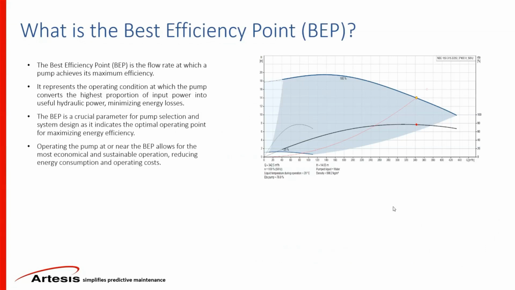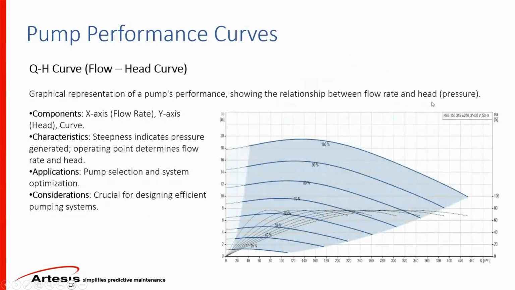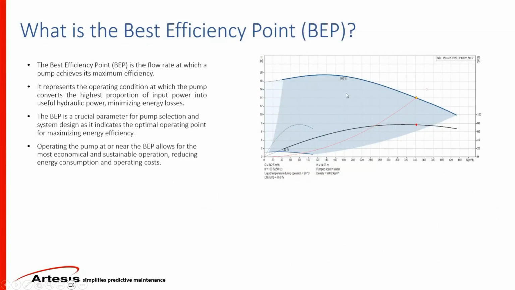In this example, you are looking at one chart, which is showing the best efficiency point only for one speed. Again, if you go back to here, you can see that the best efficiency point will move between these curves dependent on the speed. So this is important to understand.